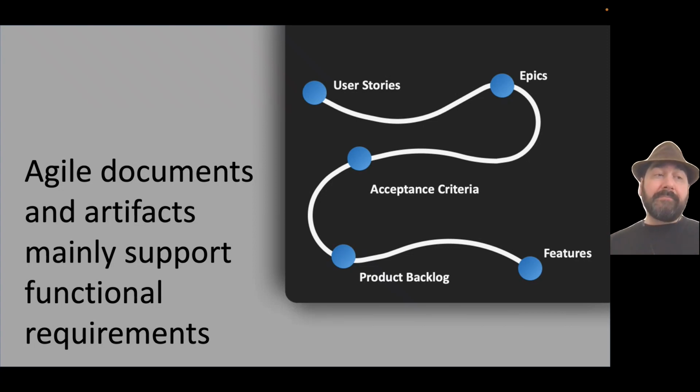So most of the artifacts we have, like user stories, epics, and other things, like, for example, the acceptance criteria are always kind of related to these more functional requirements from the user, right?